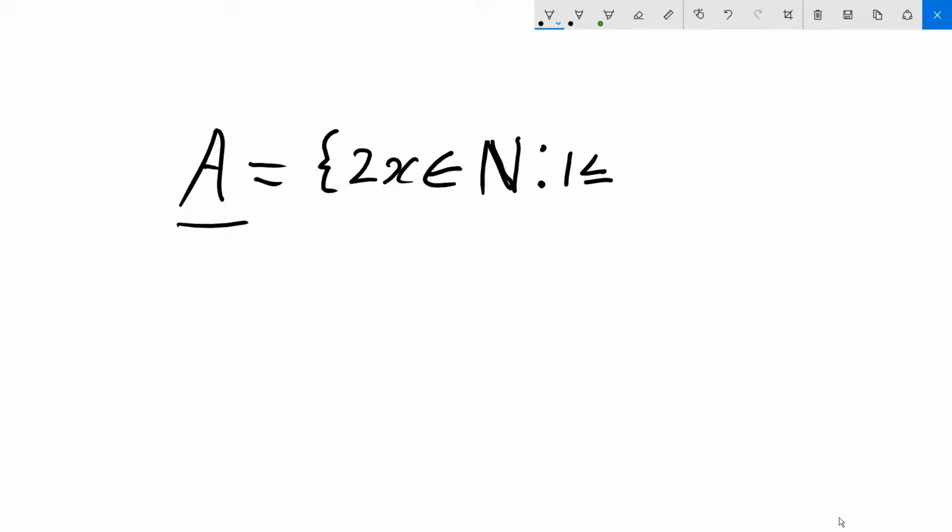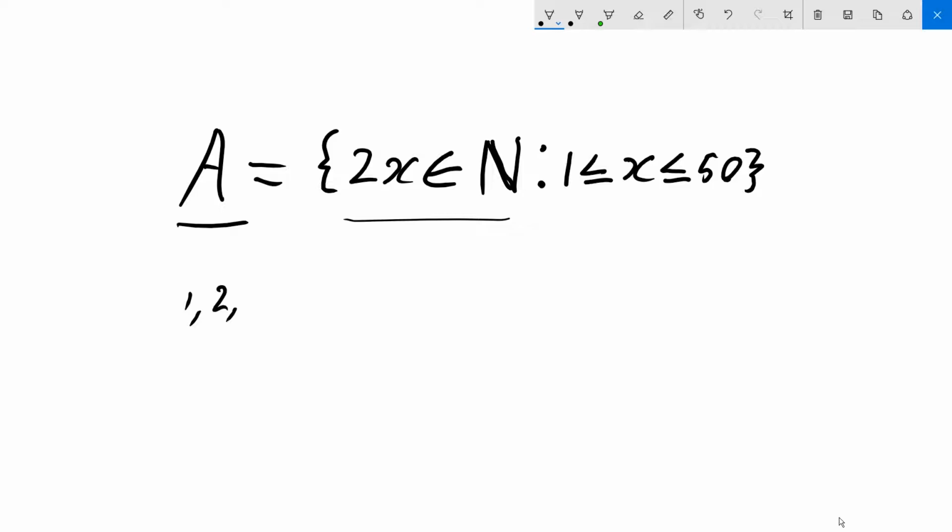So 1 smaller than or equal to x, smaller than or equal to 50. So what that does is give me all even numbers between 1 and 100.